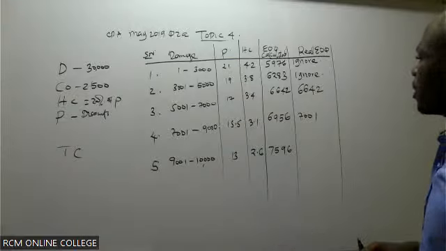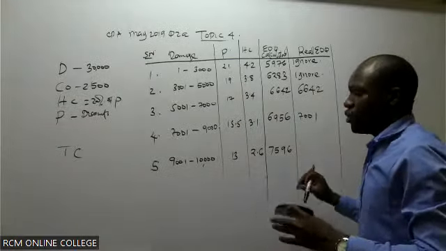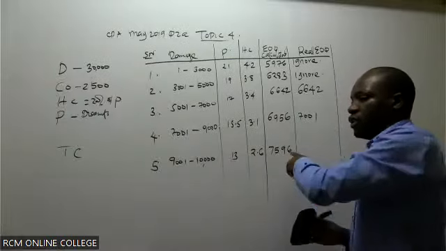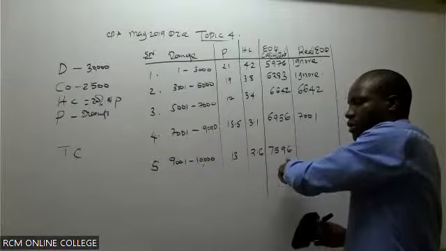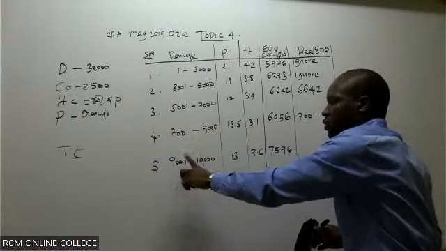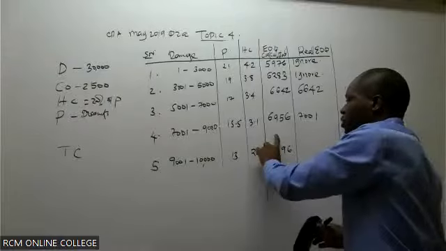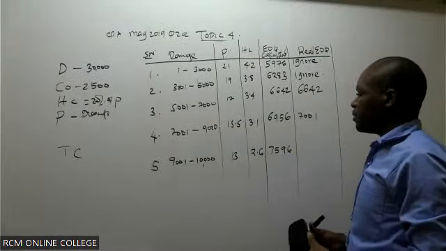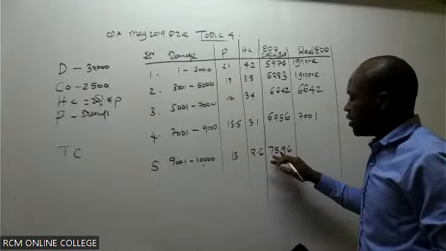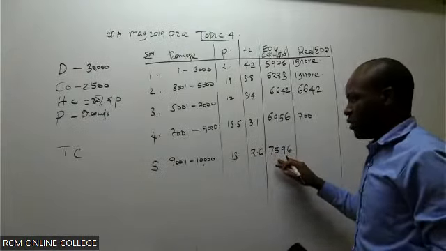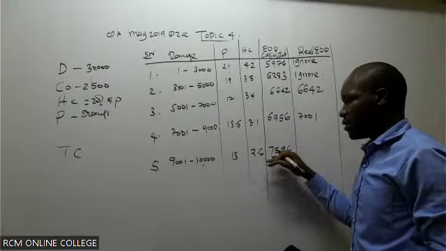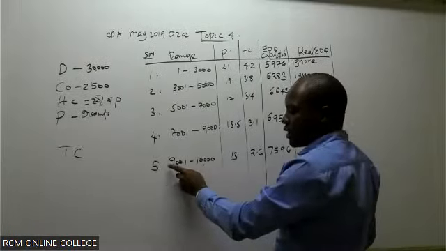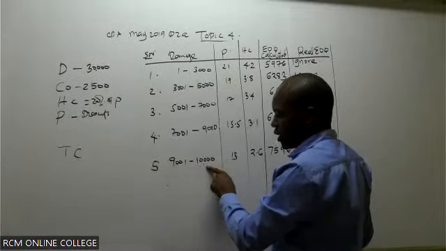Under what circumstance are we going to ignore? If that range makes us pick anything below this. When do we pick the lowest within that range? When our calculated economic order quantity is below the range. The rule allows us to pick anything above this, or at worst, this one here. Now, if I come to this range, it is 9,001 to 10,000.